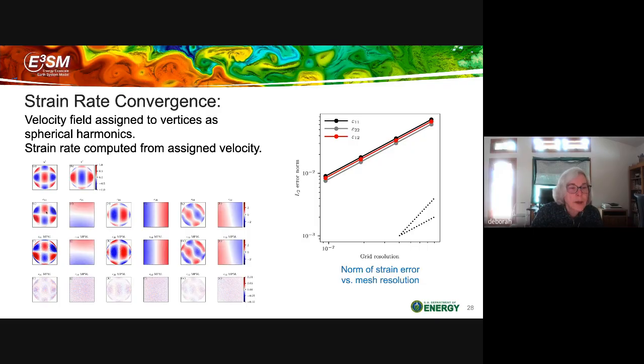And so here's the mesh components of the three components of strain rate. This is, again, zoom in near a pentagonal cell. These are the MPM values of strain rate, just the scatter plot of the material points. And down below are errors, again, uniform errors, and showing convergence here with mesh refinement.